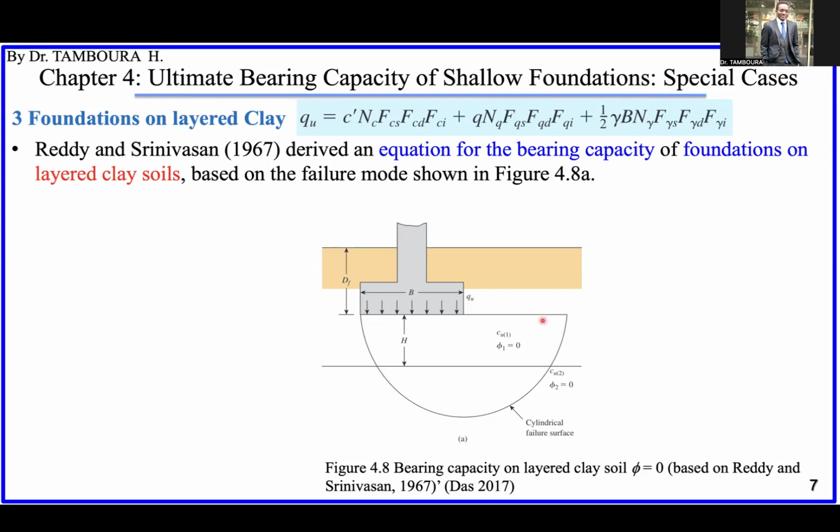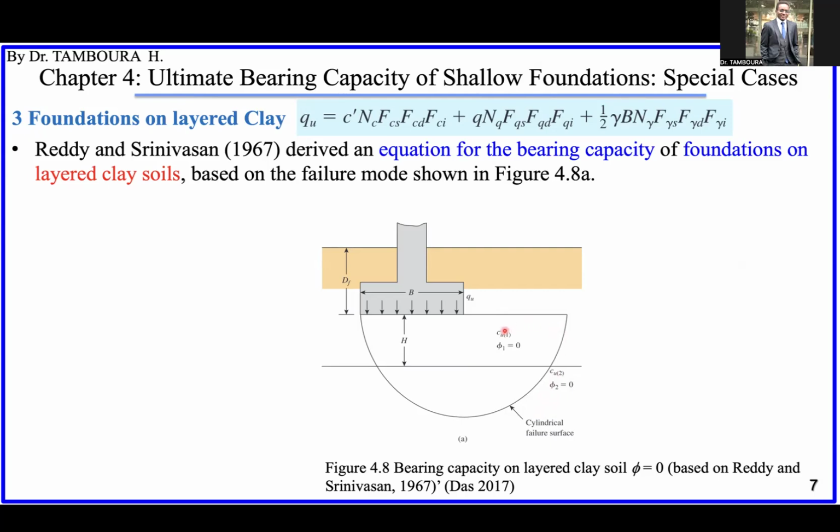One very important thing is, you can see here Cu1, Cu2. Of course, phi is 0 because we are talking about clay, so no internal friction angle. The undrained shear strength of the top layer and the bottom layer are different. This is what I was saying: in some cases the upper soil layer is softer than the bottom one, meaning the bottom one is stiff.